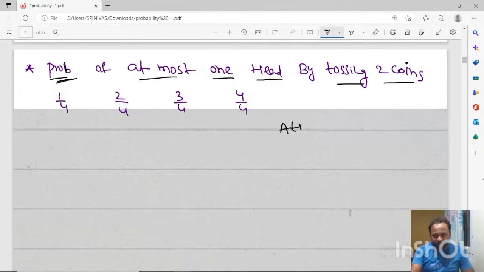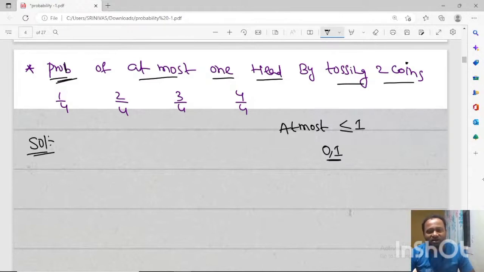So at most means less than or equal to. At most one means it may be 0 or 1, because 0 means no head. See the solution.